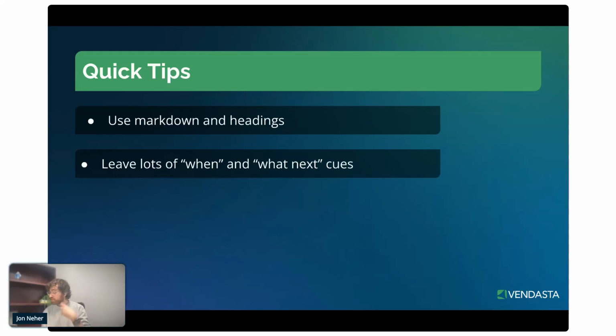So at the start of a step, tell when, and at the end of a step, say what's next. And by putting those two, the when and what's next, at the start and the end of each step, you're going to end up with really, really good cues for the AI to know what to say.